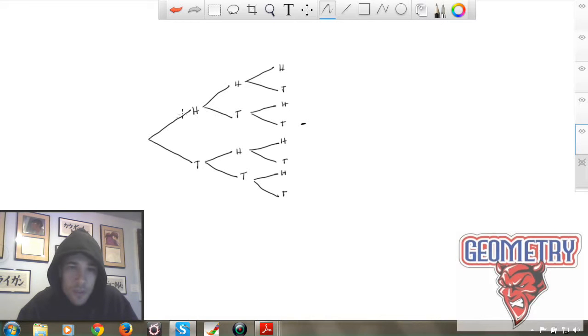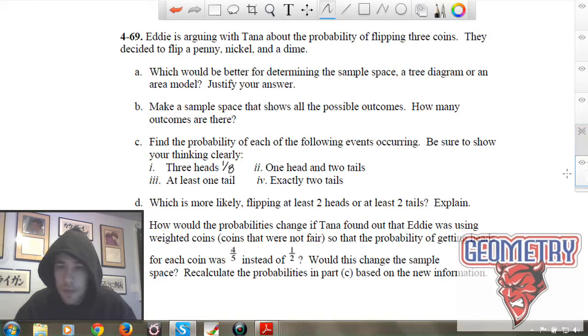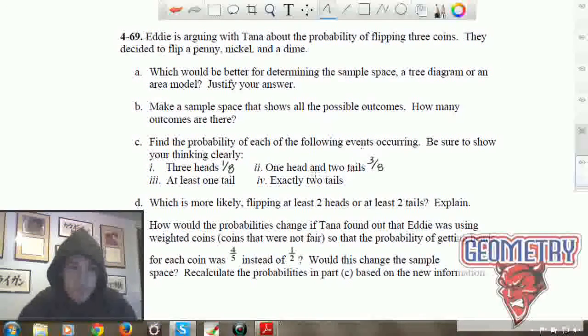Let's see, it could go tails, heads, tails. There's another possibility. Or it could go tails, tails, heads. So it looks like 3 out of 8 for the probability of that. So I'm going to leave those marks for now. So 1 head and 2 tails would be 3 out of 8.